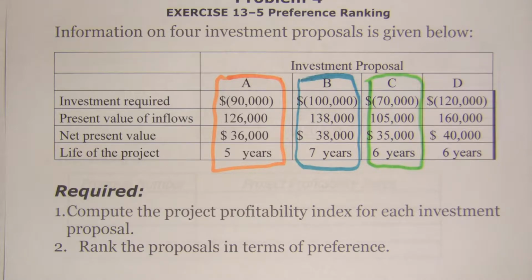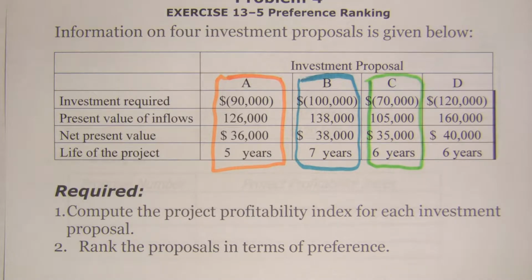The present value of the inflows over the next 6 years is $105,000. The net present value at their discount rate, whatever that is, $35,000, and the life of the project is 6 years.